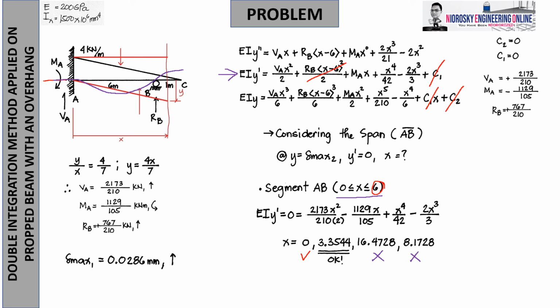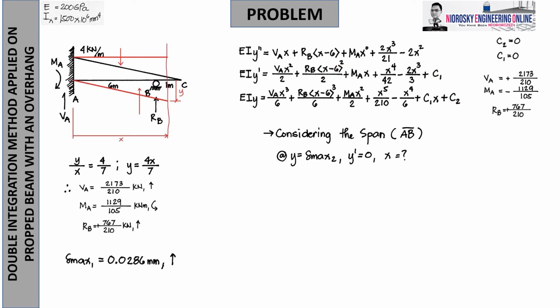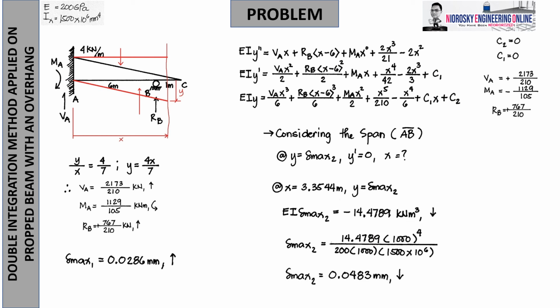It's either upward or downward. The magnitude will be immediately compared. So, we will be getting this, negative 14.4789. So, negative means a downward deflection. Again, by using conversion properly, you will get 0.0483 millimeter that goes down.